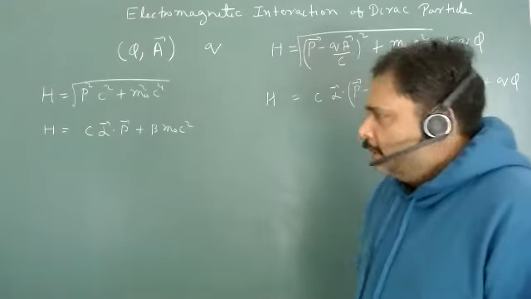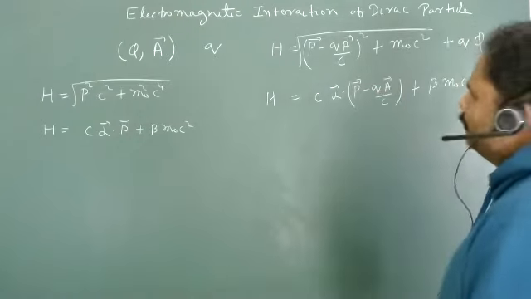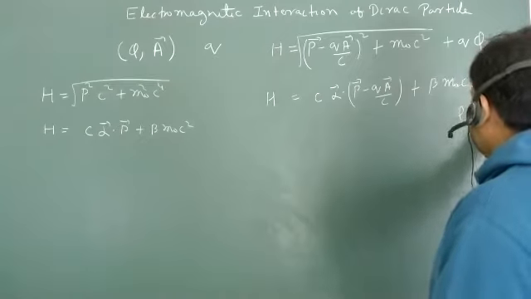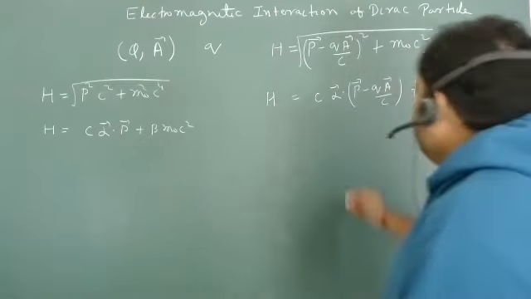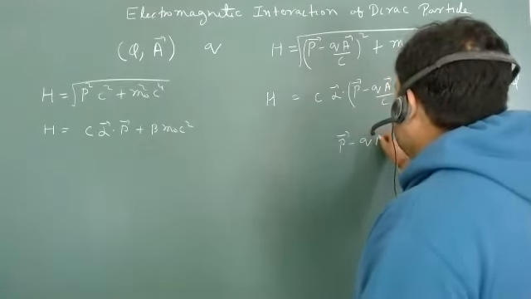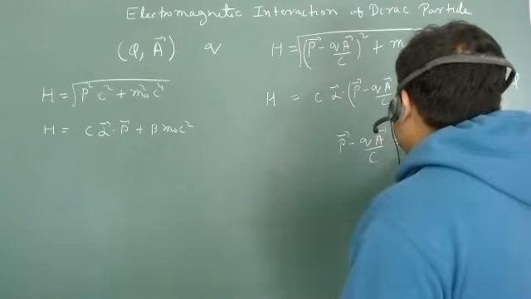Now for the further calculation, we just assume that phi is equal to 0 for simplicity, and we put P minus QA upon C equal to some pi.